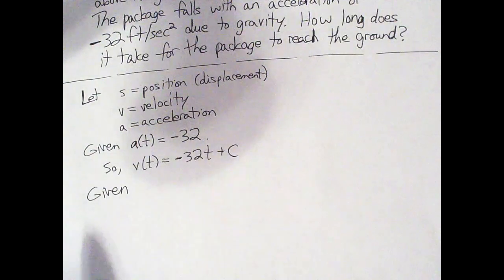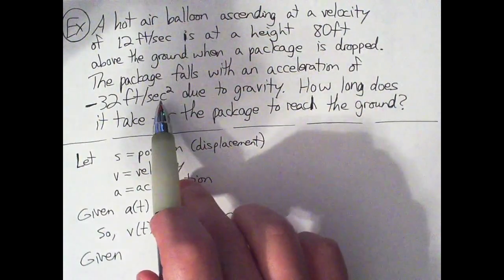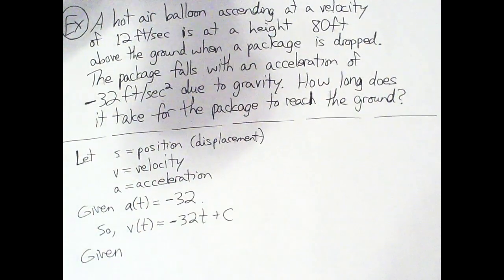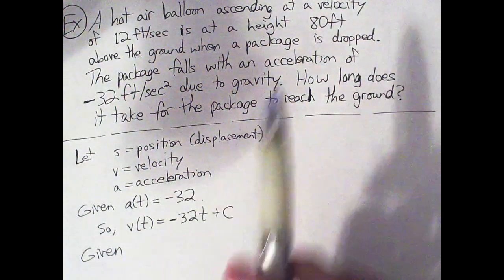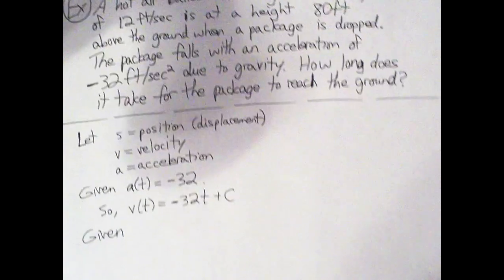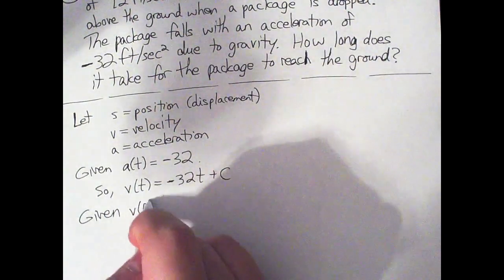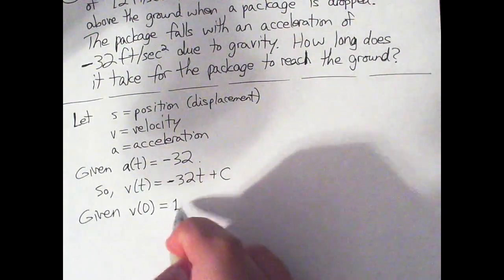If t represents time, and it looks like time is going to be measured in seconds because this problem mentions seconds a couple of times, how about when the package is dropped, let's think of that as time 0. That's t equals 0. Maybe as soon as the package is dropped, somebody clicks a button on a stopwatch, and that's when we start timing. So what we're given is that the velocity at t equals 0 is 12.